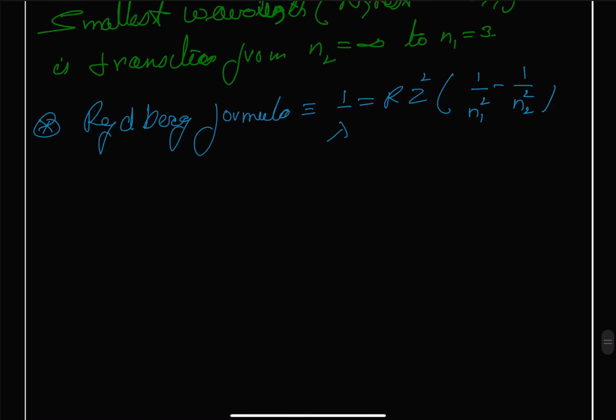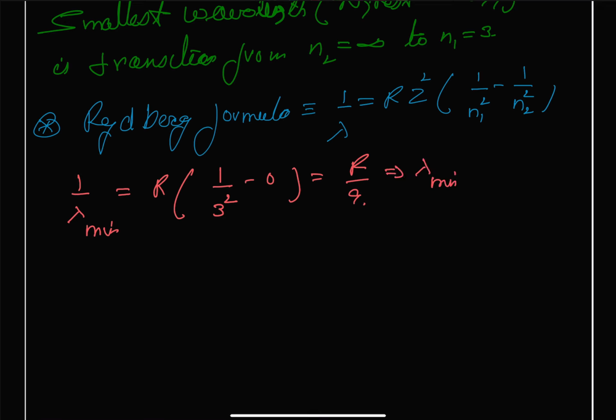So we can just reformulate it. 1 upon lambda minimum will be equal to R, and n2 is infinity, so this comes as 1 upon 3 square minus 0, giving us R upon 9. And we can write our lambda minimum will be equal to 9 upon R. R is a standard value, that is about 1.1 into 10 to the power 7.